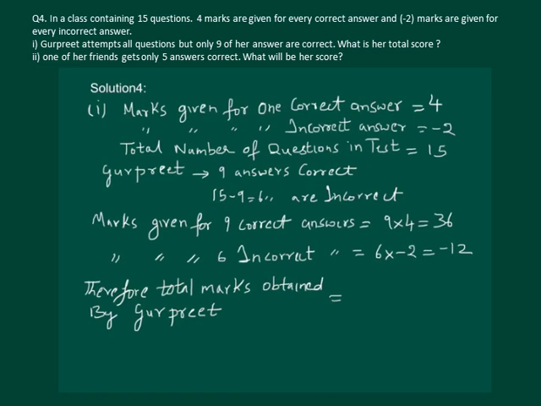Total marks obtained by Gurpreet is 36 plus minus 12, plus minus is minus, which is equal to 36 minus 12, which is equal to 24 marks.